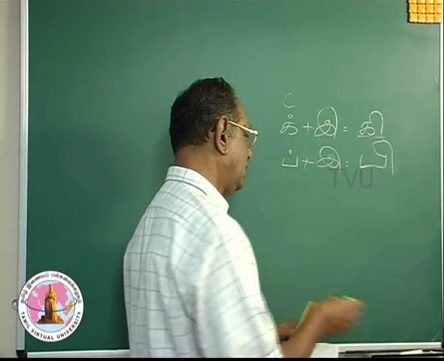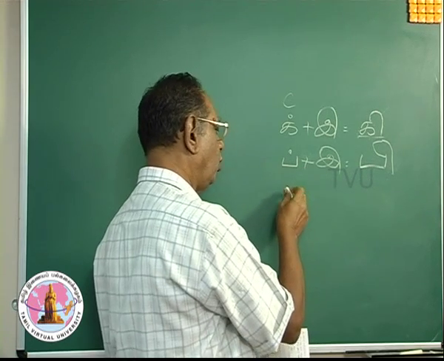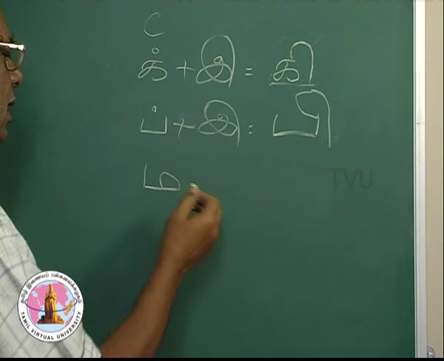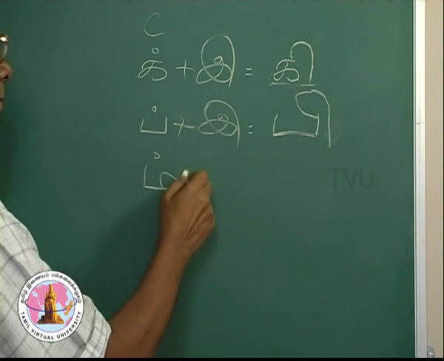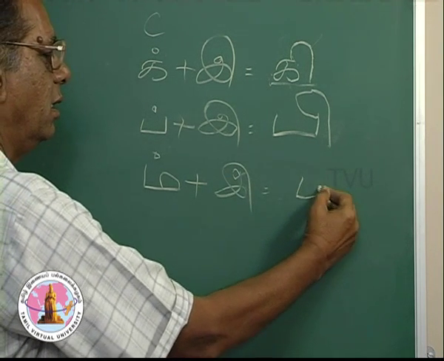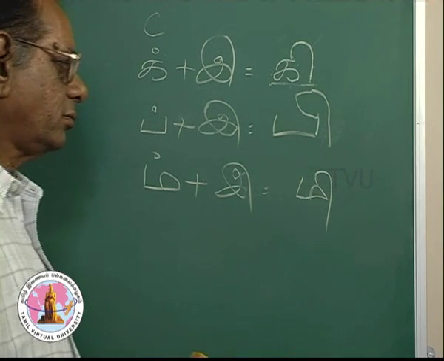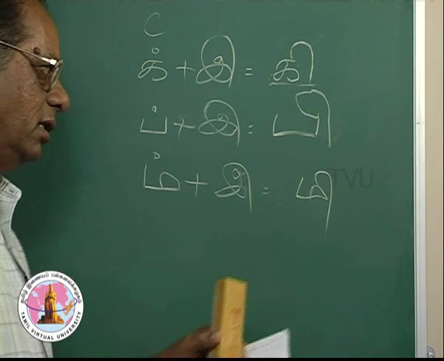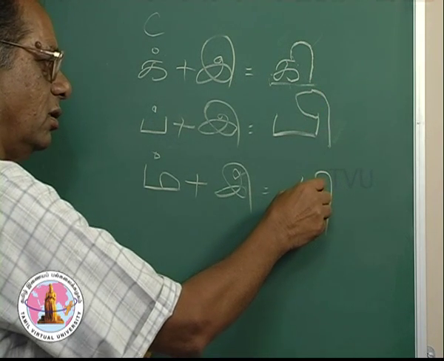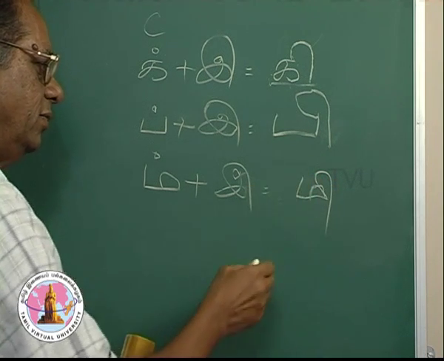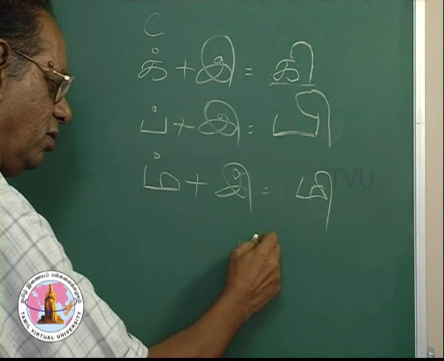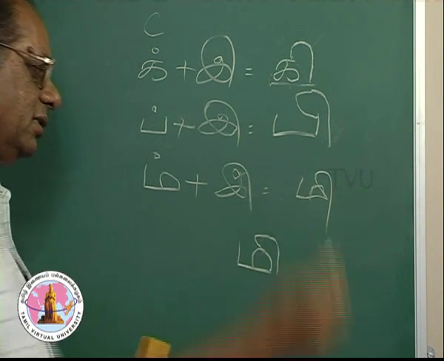Any guess about the next letter? It is to be followed by a nasal, and this is a labial. Ma plus e is mi. Here you have to notice, as you don't have any right edge, you have to start in the middle of the letter, that is ma, and in the middle of the letter you take this marker and extend it.